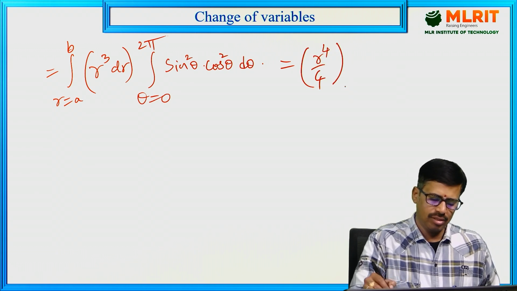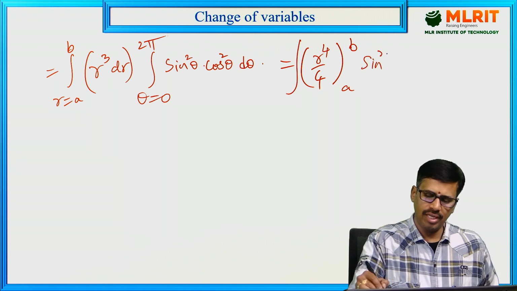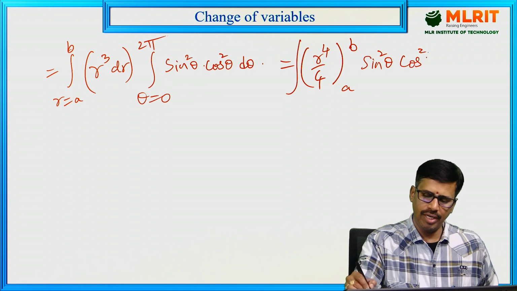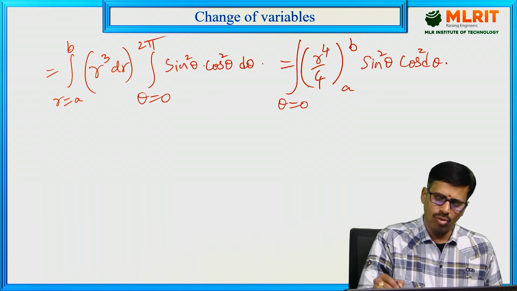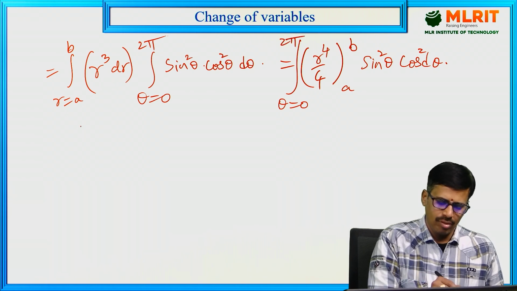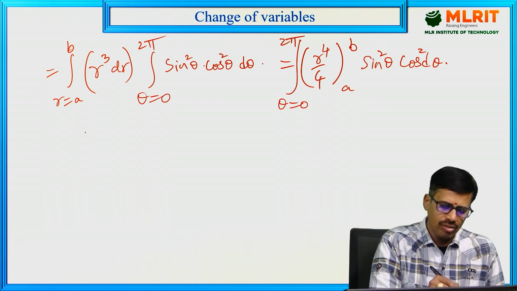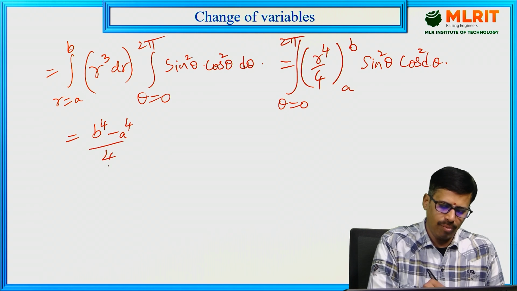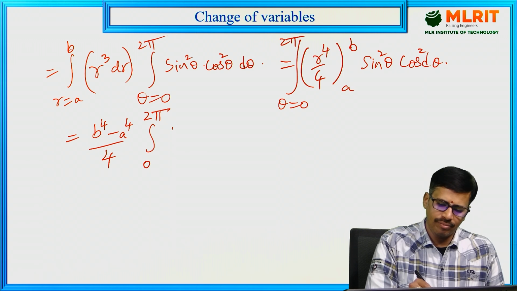Substitute the limits a to b, then integrate between the limit sin square theta cos square theta d theta. Theta is 0 to 2 pi. R power 4 by 4, in this substitute r equal to b, so we get b power 4 minus a power 4 by 4 into integral 0 to 2 pi sin square theta cos square theta d theta.